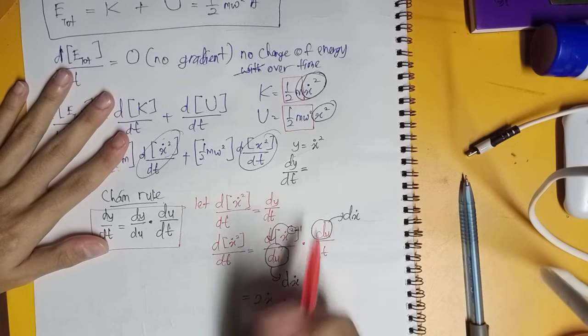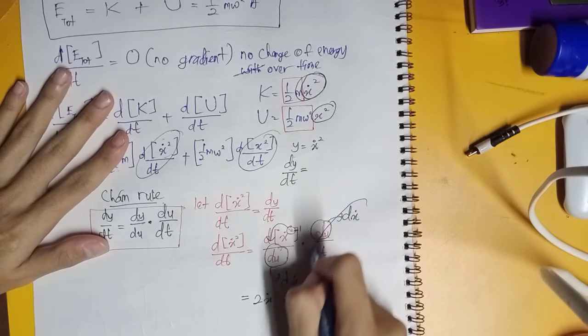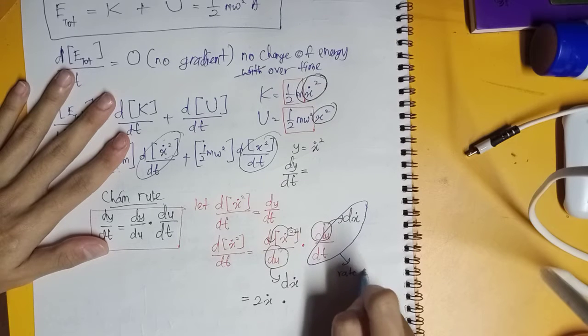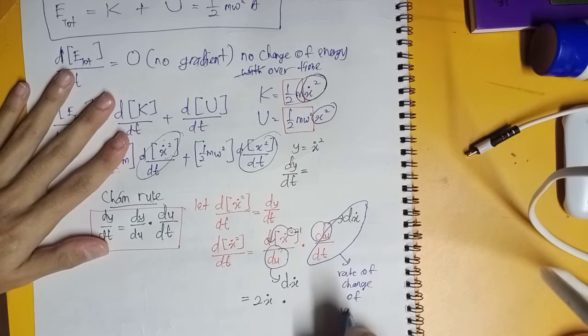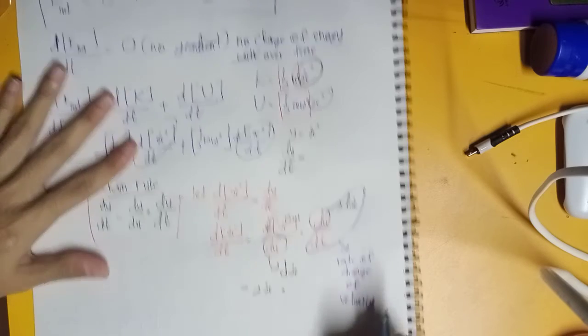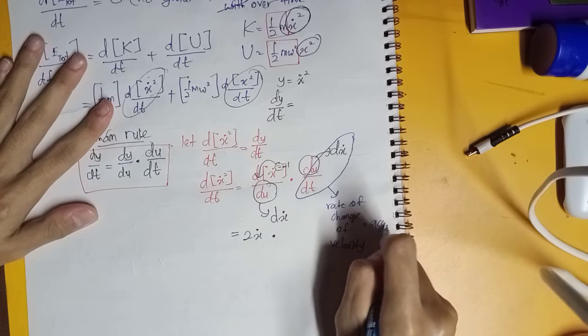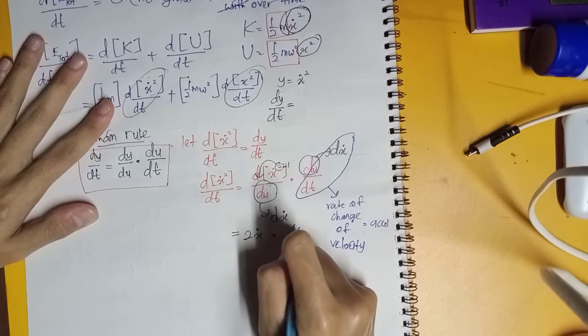So d(x dot) over dt right here is actually the rate of change of velocity, which means that it is equal to acceleration, right? Acceleration. So that means it is x double dot.